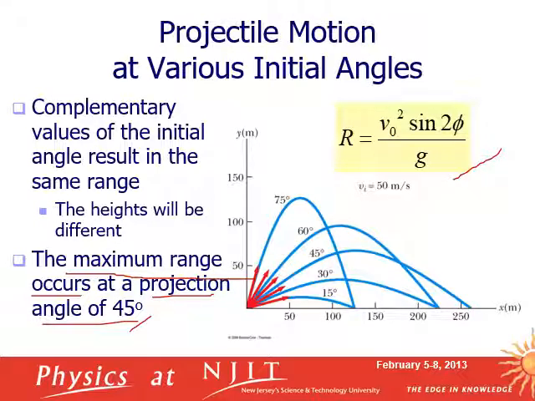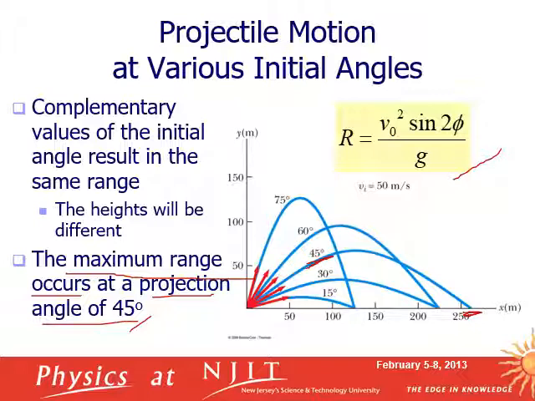Tandaan nyo yan. So, if you want to reach the farthest range when you throw something at an upward angle, aim for 45 degrees. Ayan, makikita nyo sa ating image. Okay? So, it will now reach the maximum range if the angle is projected at 45 degrees.